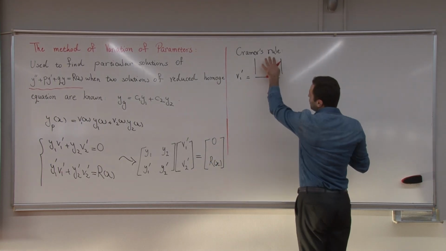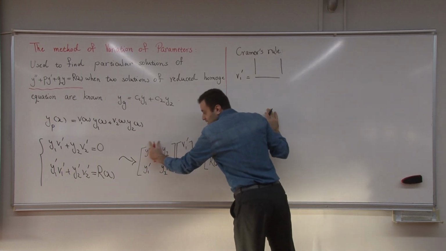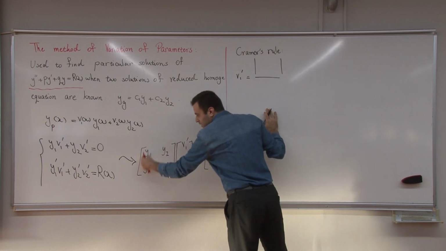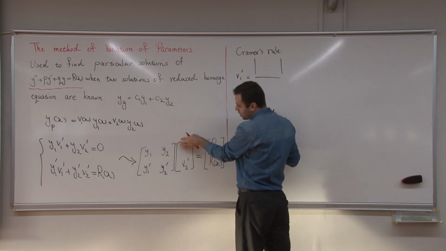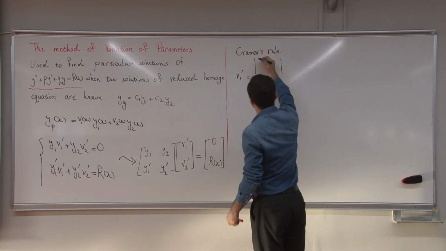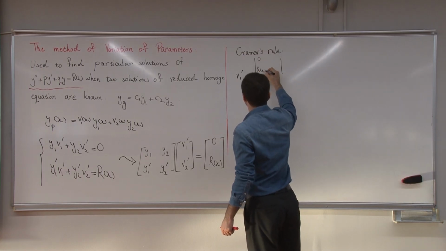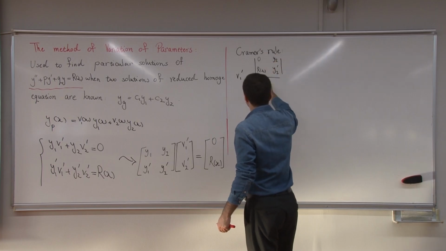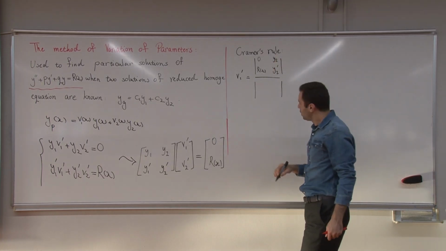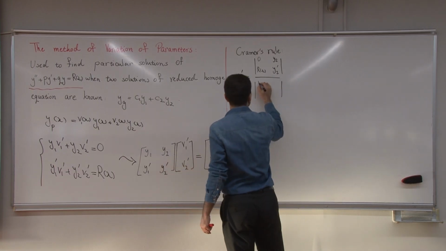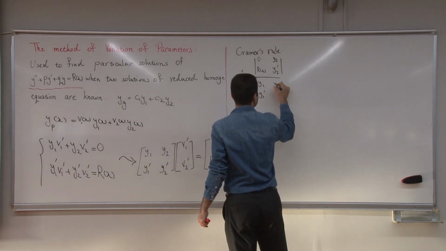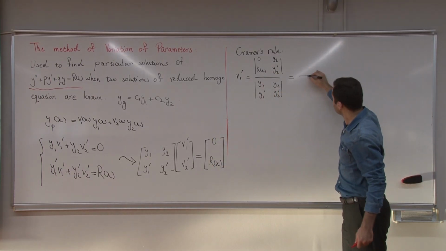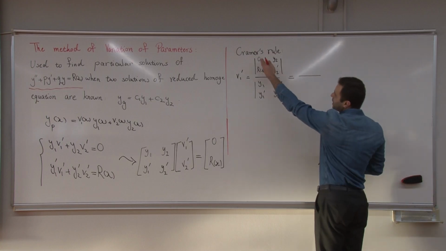It is the determinant of this matrix in which this column is replaced in the first column, because I'm looking for the first unknown. So it is going to be 0, r of x, and the second column stays as this. Divided by the determinant of this whole matrix itself, which is y1, y1 prime, y2, y2 prime. What is this equal to? Can you please calculate this determinant?